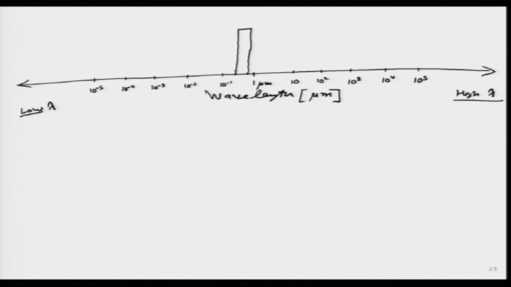This whole region that I have shaded is the visible spectrum. Maybe I will formally define over here that the visible spectrum is what the human eye can see. We are always talking about the human eye, because I will also share that later on.